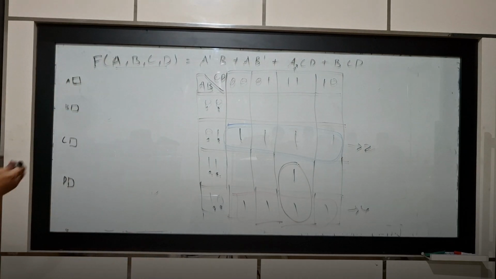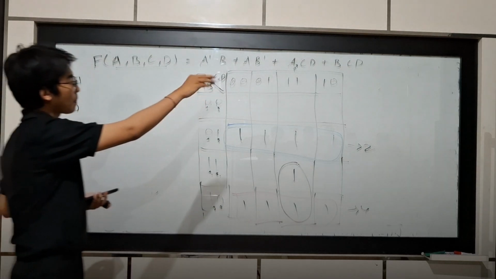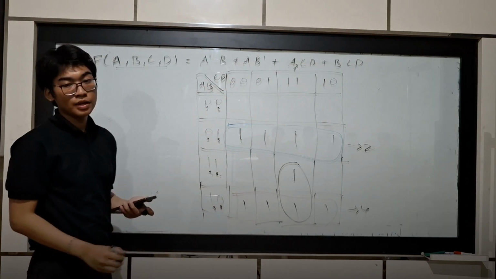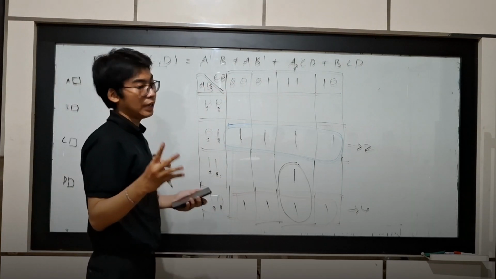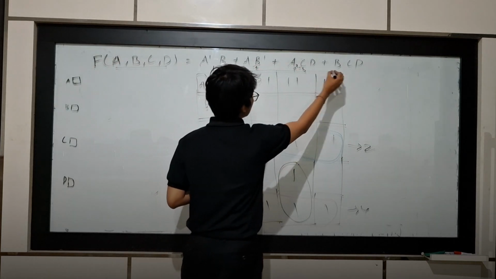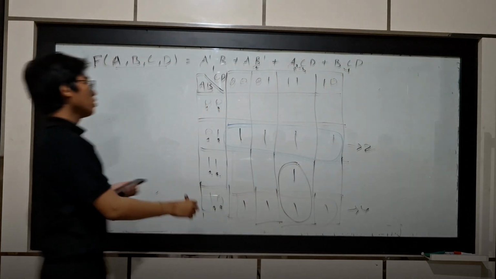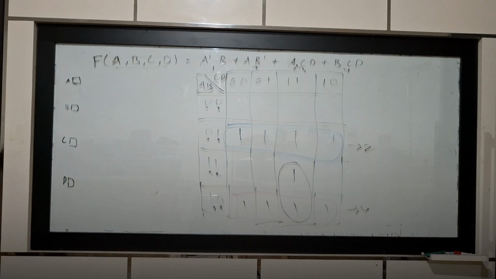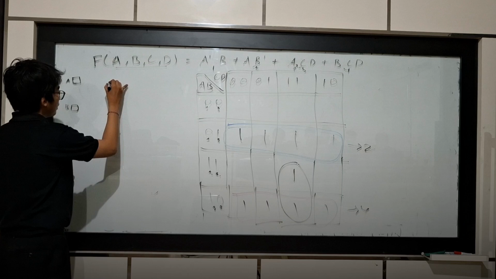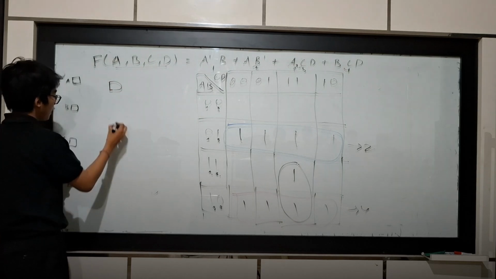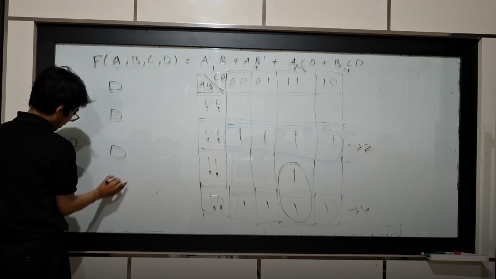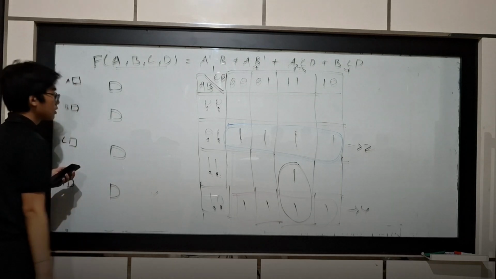So from this expression, we know that there are 4 AND gates: 1, 2, 3, 4. So I'm going to use 4 AND gates, and this is the symbol of the AND gate, like this, and like this.